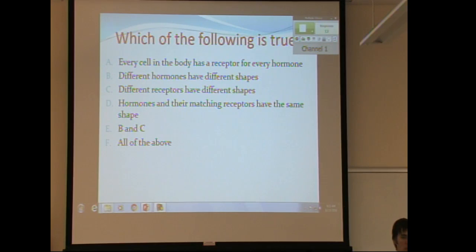So only the places that respond have the receptor that matches it. And for D, they don't have the same shape because the hormone's like the key, the receptor's like the lock. So that'd be like you going to your door and trying to open your doorknob with another doorknob, which is kind of a fun image. So lock and a key.